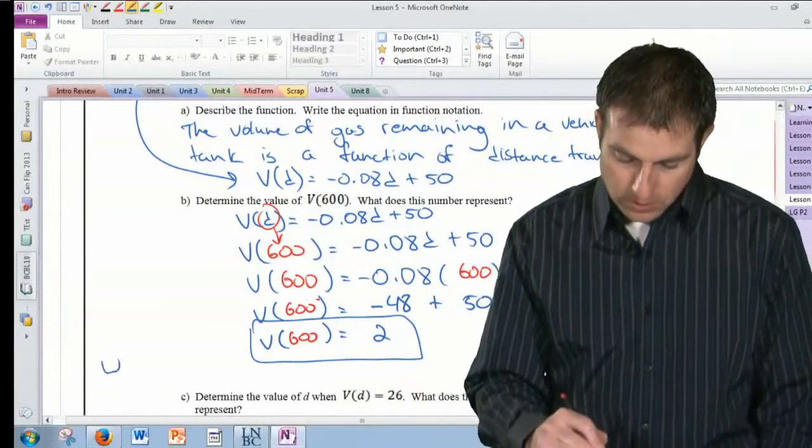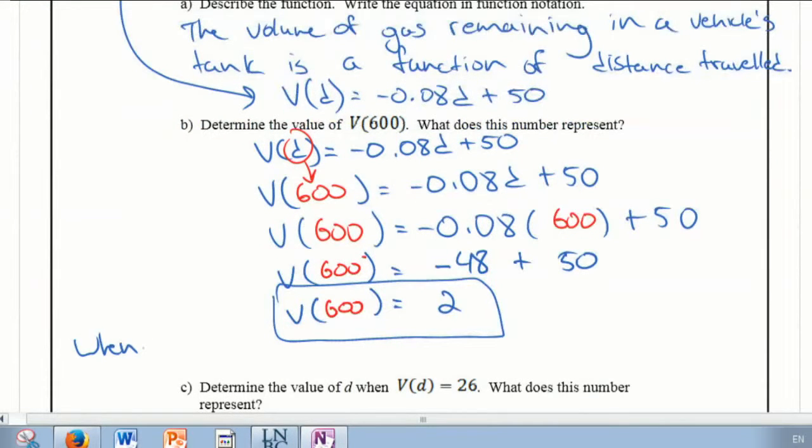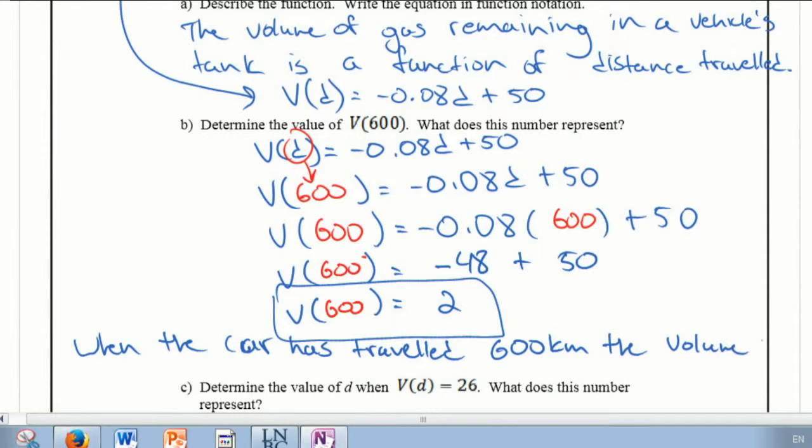So: when the car has traveled 600 kilometers, the volume of gas remaining is 2 liters.